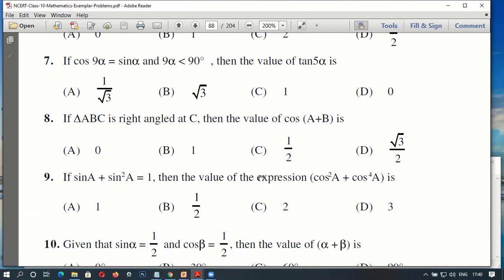You have to find that value of alpha where sine alpha is equal to cos of 9 alpha. That alpha you have to get. That is the main job.